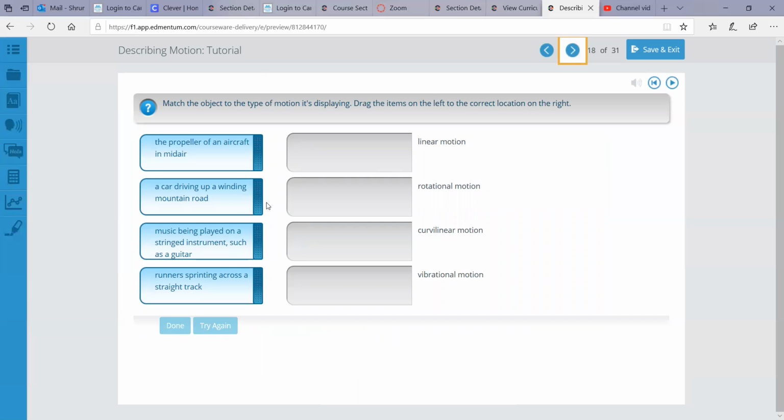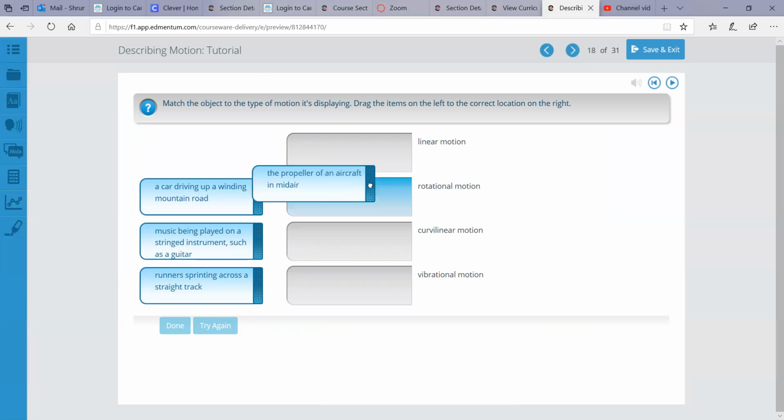So we are given a matching exercise. Propeller of an aircraft: rotational, because it's spinning around on an axis. A car driving up a winding mountain road.